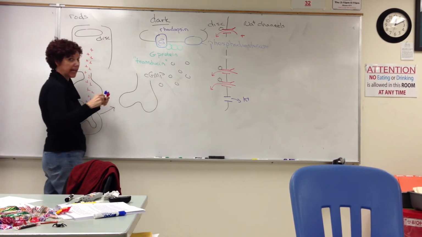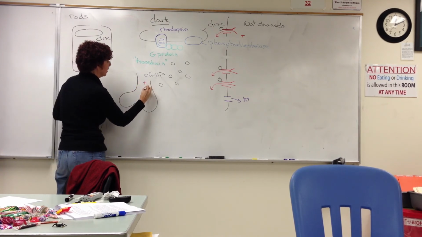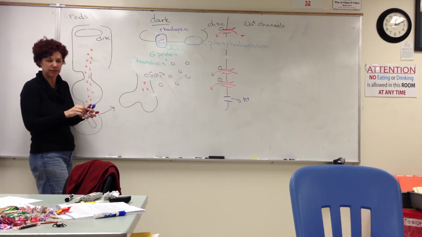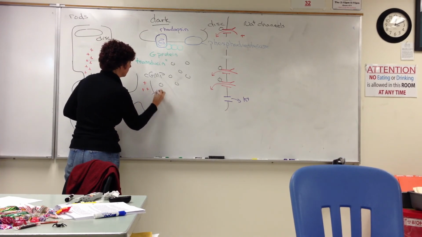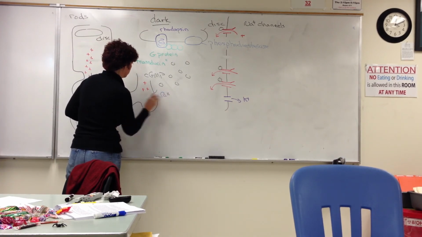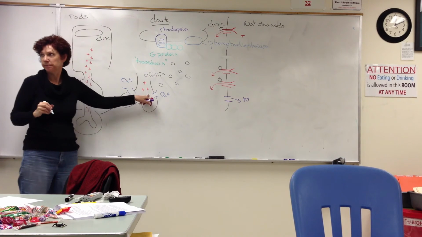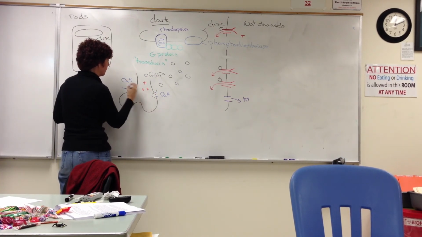And when this graded potential reaches this end of the cell, it opens voltage-gated calcium channels. Without an action potential. Right, it's a graded potential. So calcium enters the cell.